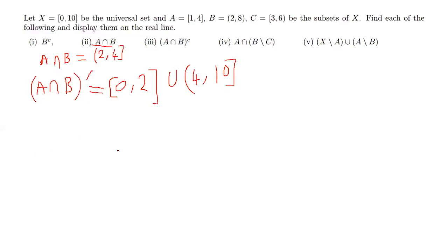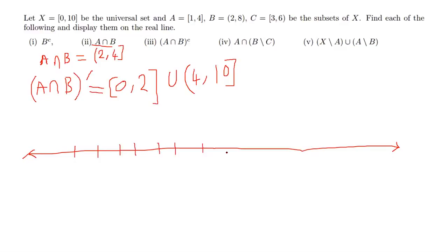And then drawing it on the number line, it's just the same as we draw B complement. So I'll just draw this number line in advance. So we have 1, 2, 3, 4, 5, 6, 7, 8, 9, 10, 11, 12, 13.